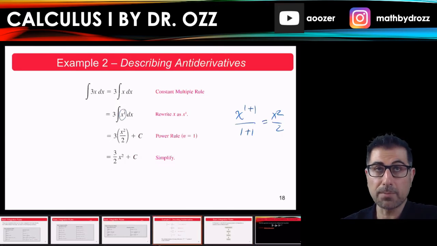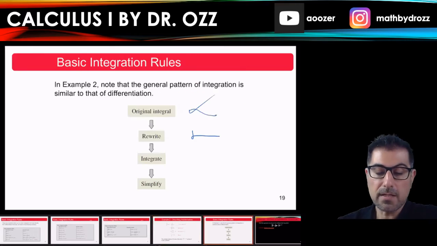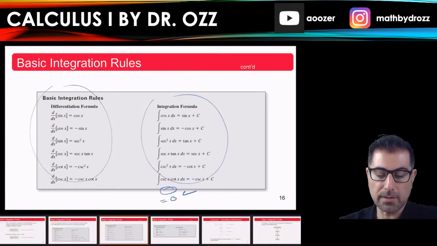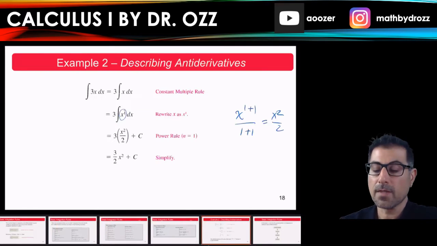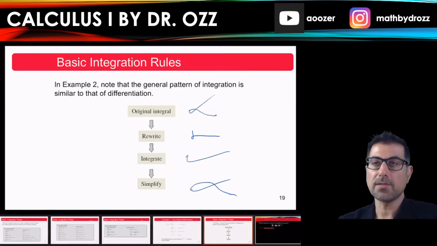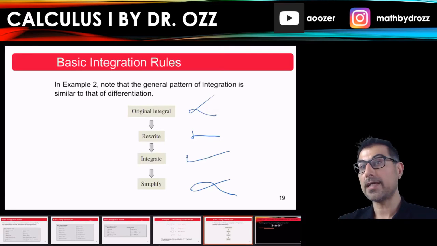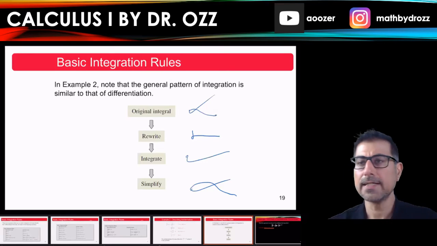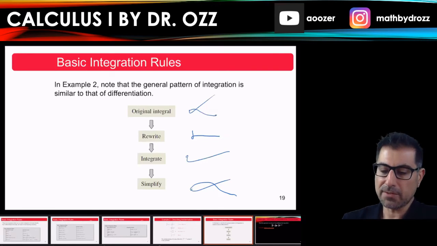Then we integrate by using the rules of integration that we developed in these 3 tables here. And then we simplify. Simplifying is the most important part because we may need the output to be used for another calculation. So we want to simplify it as much as we can. All right. So as a quick application of this, I want to go through.